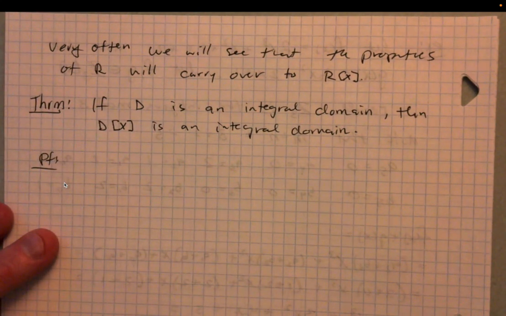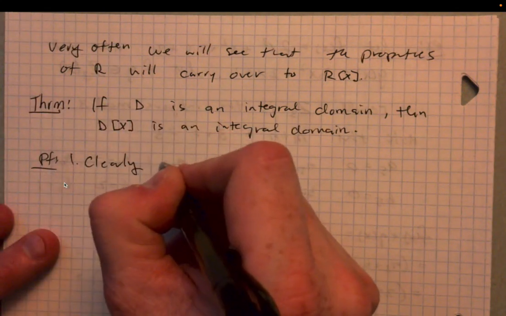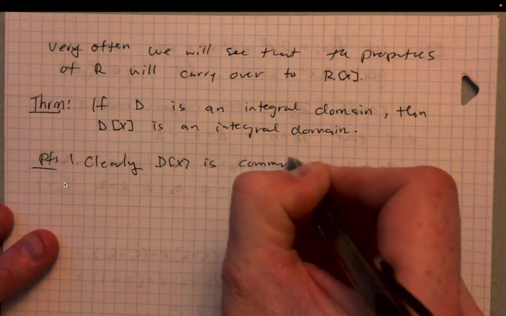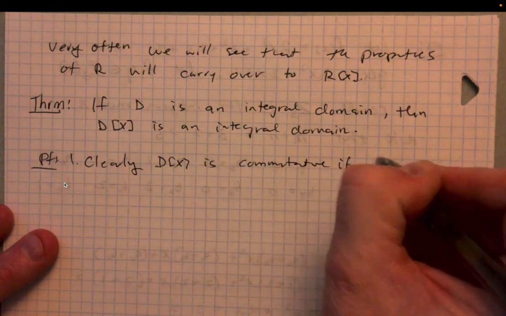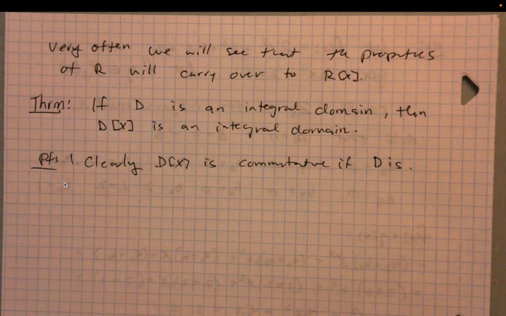And so commutative, well, clearly D[x] is commutative if D is, right? Because all we're ever doing is dealing with the coefficients. So if I can commute the coefficients in D, if I can commute those numbers and along those operations, then I can do the same thing in the polynomial. That's not a problem.